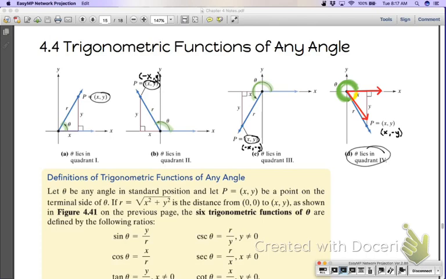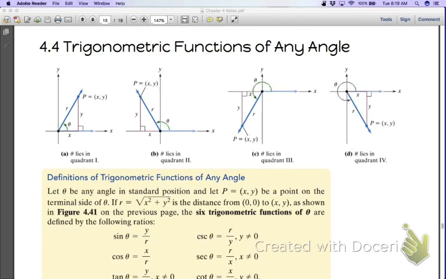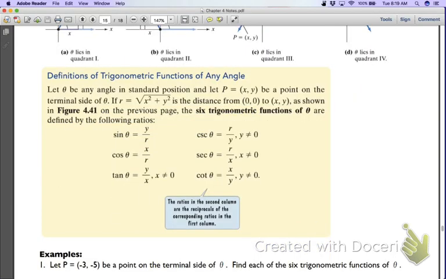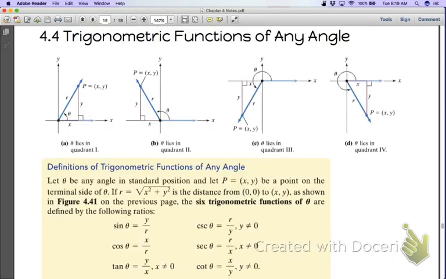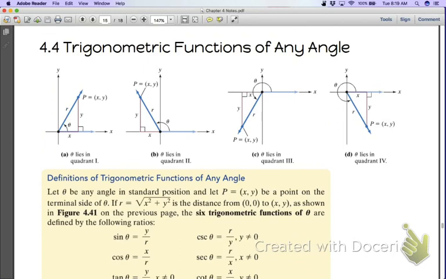Whenever we have our trig functions, because it's a circle, we can always draw a right triangle, no matter what. Your radius, r, is always going to be the hypotenuse.